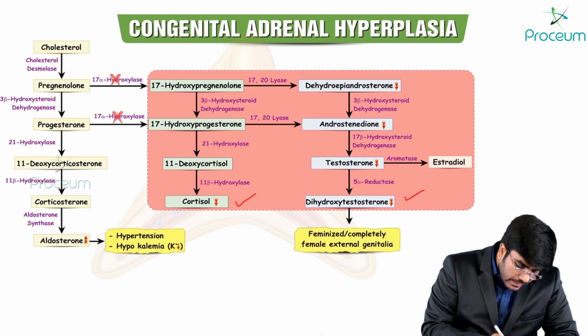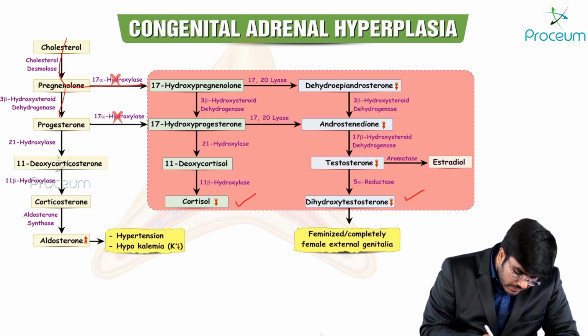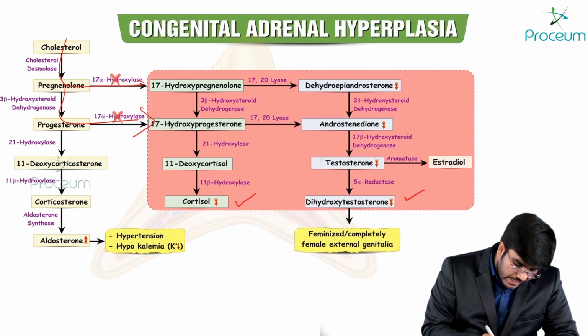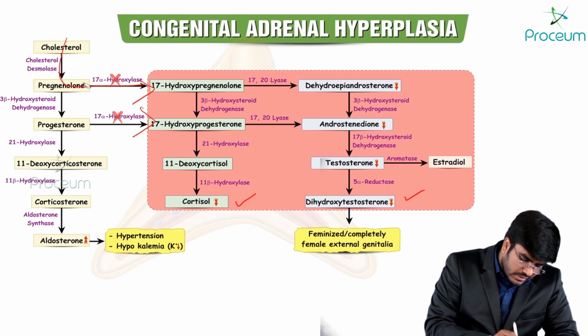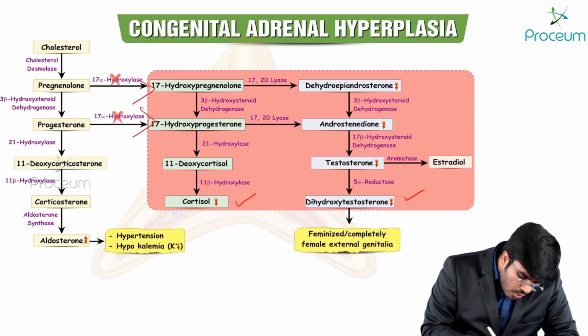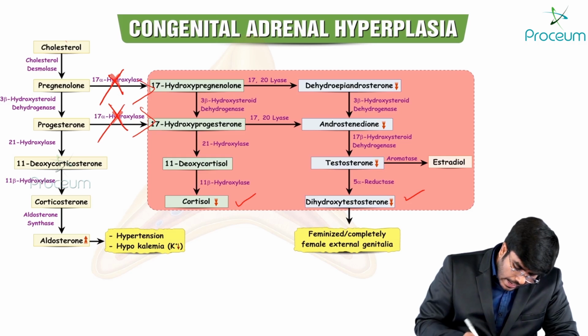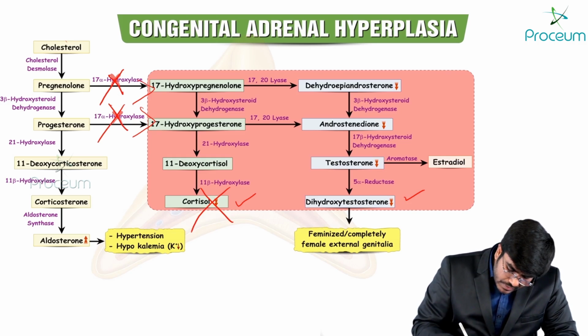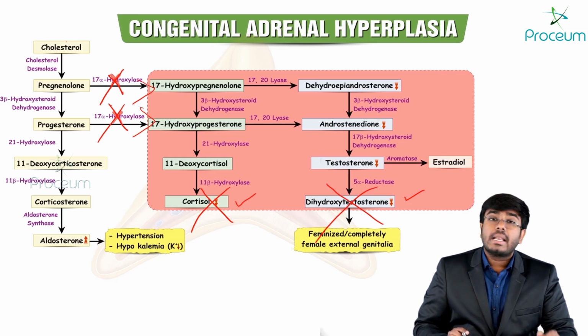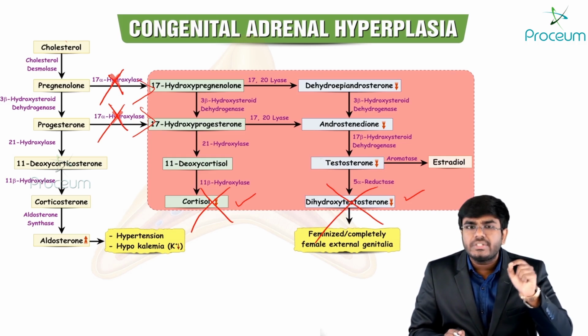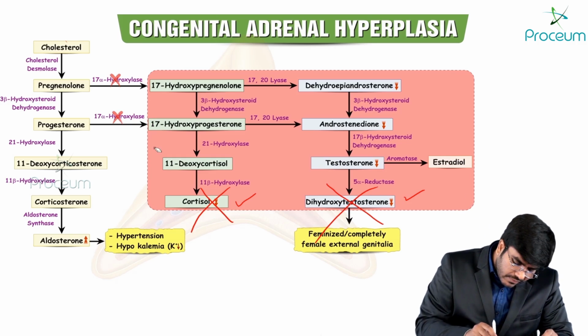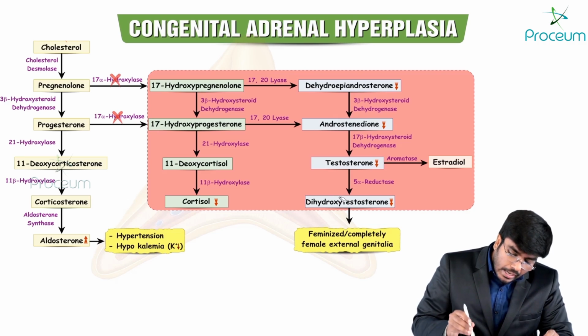It's very clear, right? The cholesterol is getting converted into these two pathways with the help of the enzyme 17-hydroxylase. Whenever there is no 17-hydroxylase, again there is no cortisol and no androgens. Now please concentrate, very interesting. So this is a condition where there is no cortisol and no androgens.